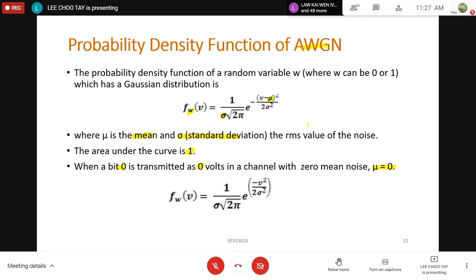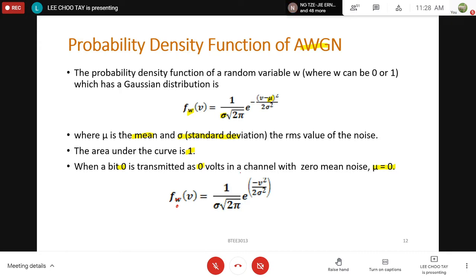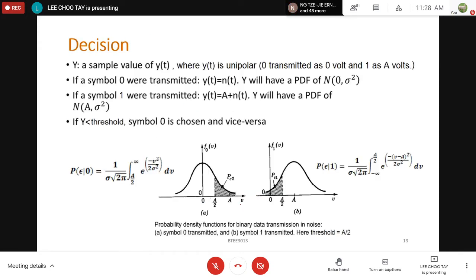So we can rewrite our equation with f_W, and in this case our W we can replace with a 0. f_0(v) is basically 1 over sigma root of 2 pi times e to the exponential of minus v squared over 2 sigma squared, because mu is 0. And then for a 1, we're going to derive the expression for a 1 later on, but let's look at the decision process now.